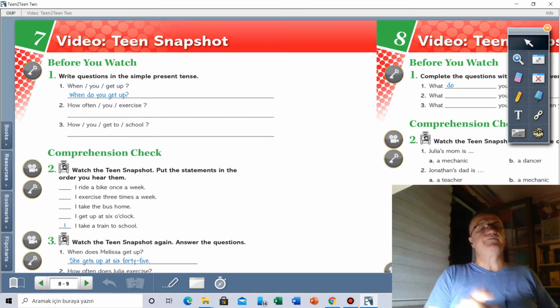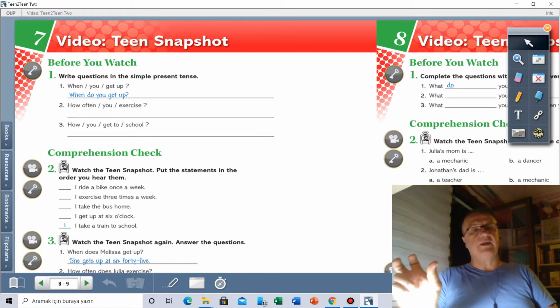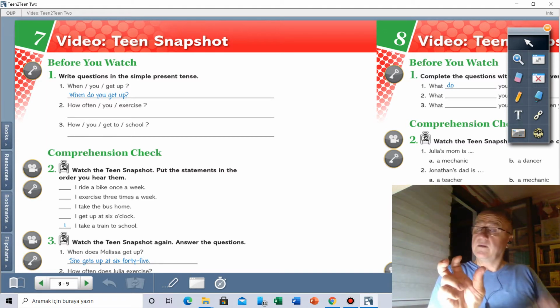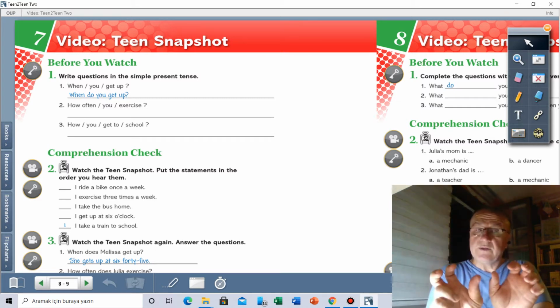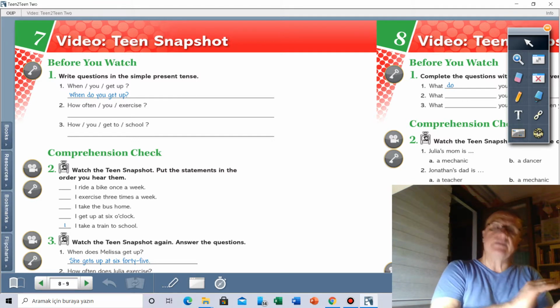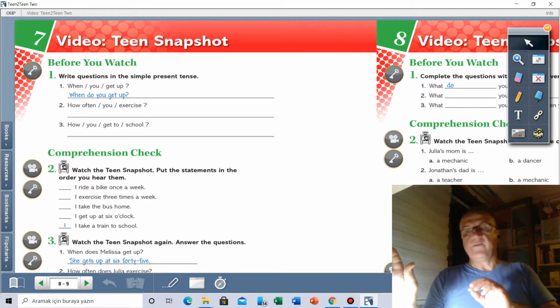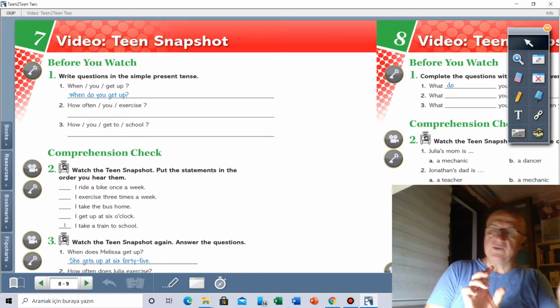Look at 2. How often you exercise. Now we put how often at the beginning, then we put the helping verb here. What do we put here? Do. How often do you exercise? Think. And 3, how you get to school.